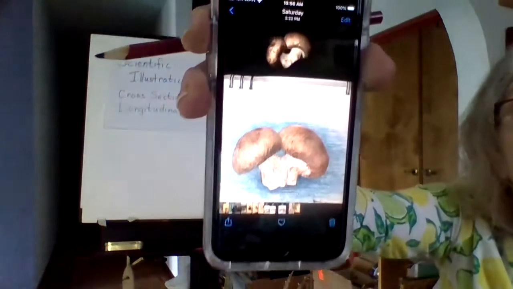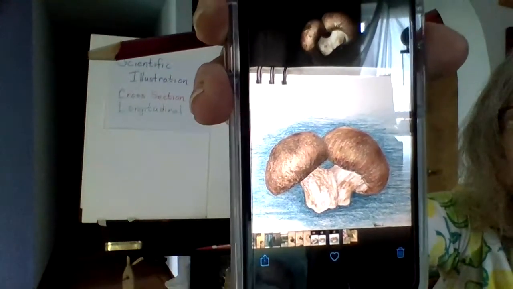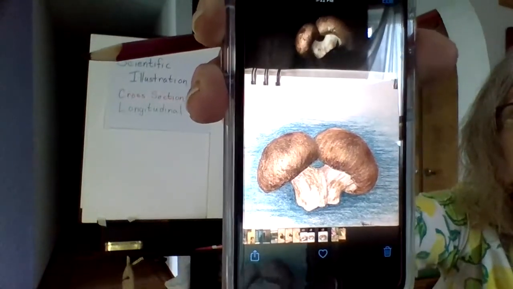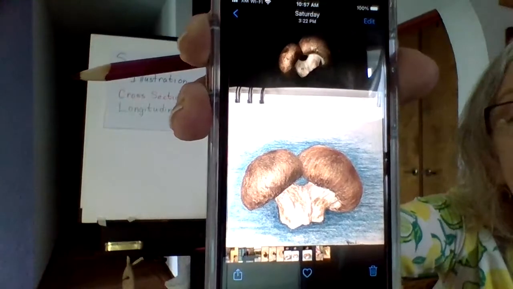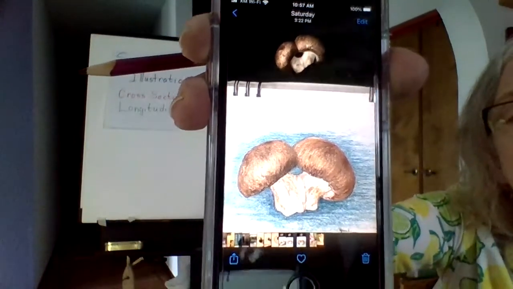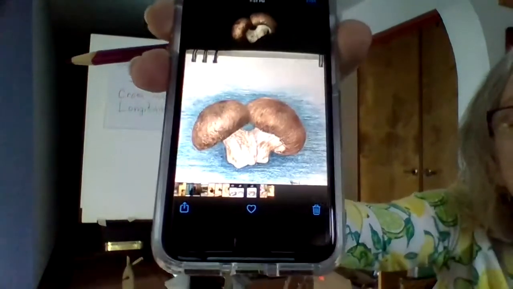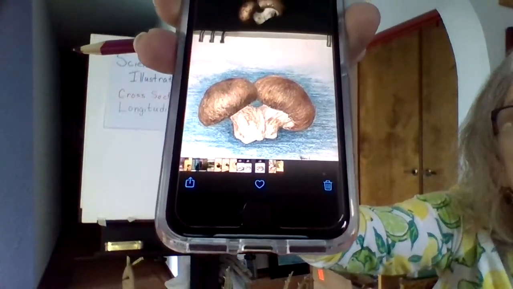Okay. So there you see the mushrooms, and there is the drawing that I did of the mushrooms. Is it exactly like the mushrooms? No. But I did get what I wanted to get, which was how those mushrooms grew together there. I think you can get a better look at it that way.